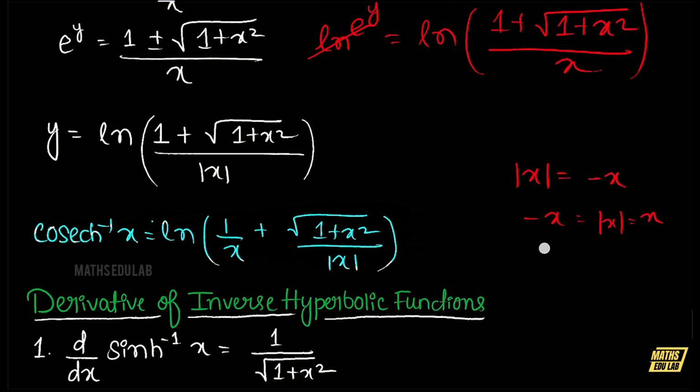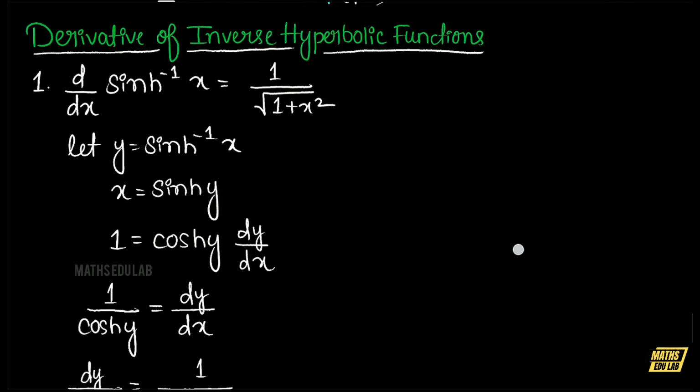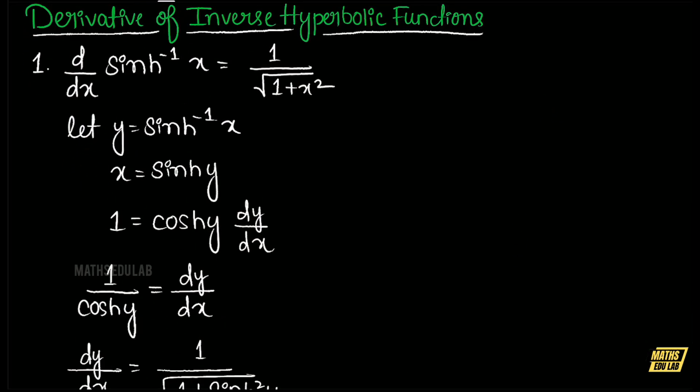Now we have the derivative of inverse hyperbolic functions. These are very short-form formulas that we can derive. The first one is given as we have done for the inverse hyperbolic functions. For the derivation also, we have to consider sinh inverse x as y.